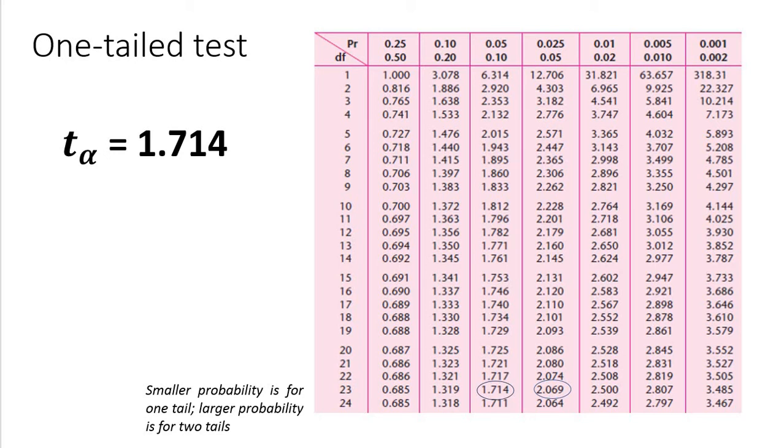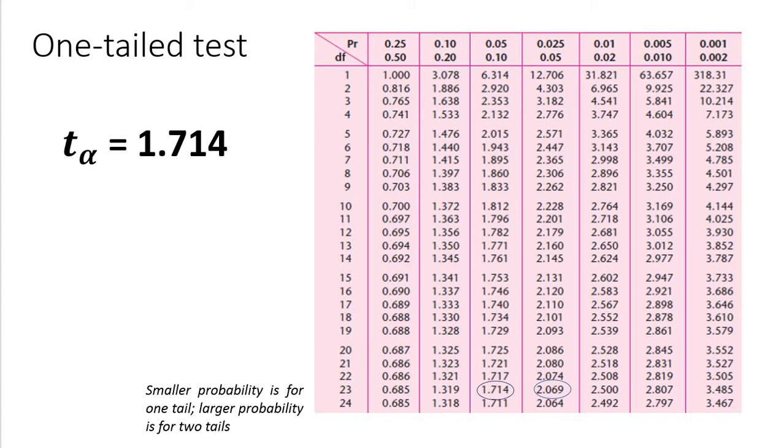However, what we need to do is to define new critical value. So in order to do this, we have to get back to our table, t-table. We have the same degrees of freedom, 23, but as you remember, the first row is for one-tailed test, and the second one is for two-tailed test.